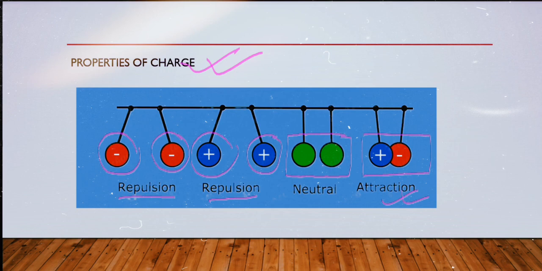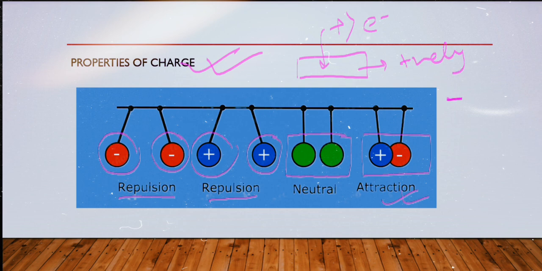Now, how will we consider whether an object has a positive charge or negative charge? How do we call an object positively charged or negatively charged? Of course, students, if an object has more positive particles as compared to negative particles, then we say that the object is positively charged.